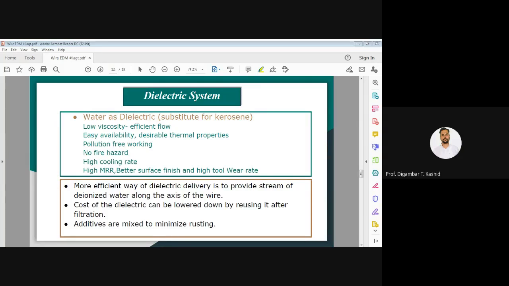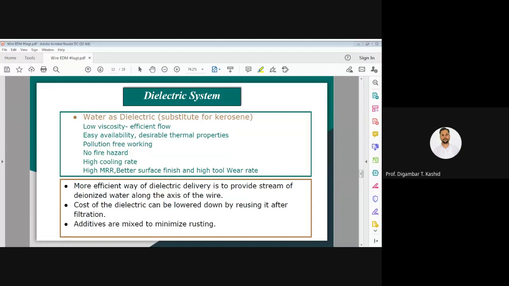Because what happens if you choose a dielectric fluid having low cooling and low material removal rate, then you will not get the desirable surface finish. Because of this high cooling rate, the recast layer which is generated on your workpiece surface, its thickness also gets reduced.